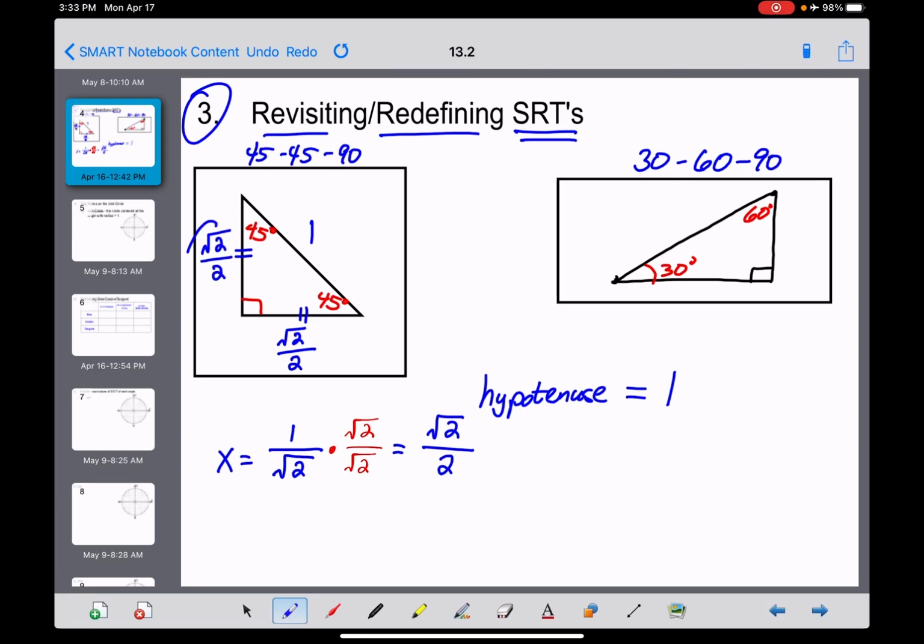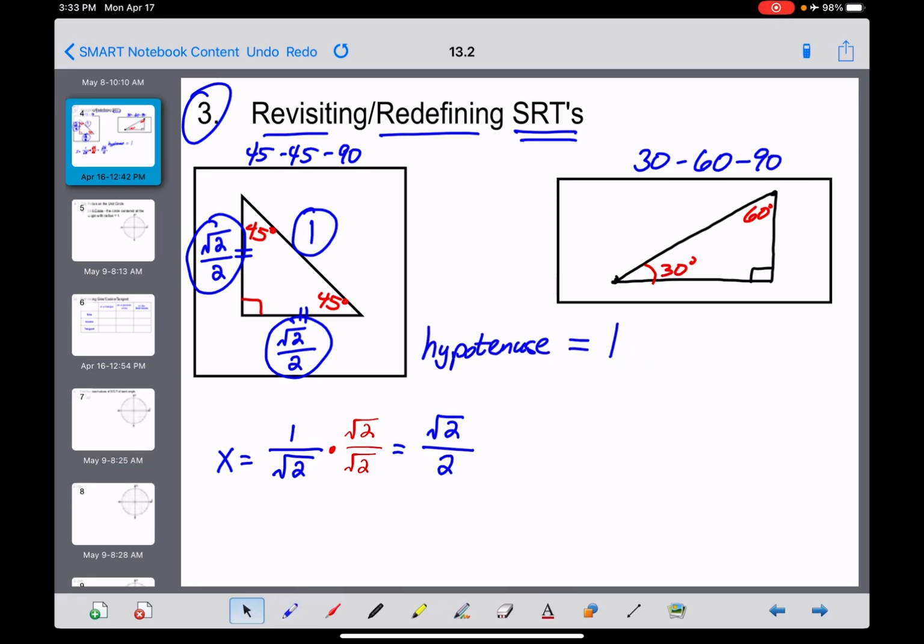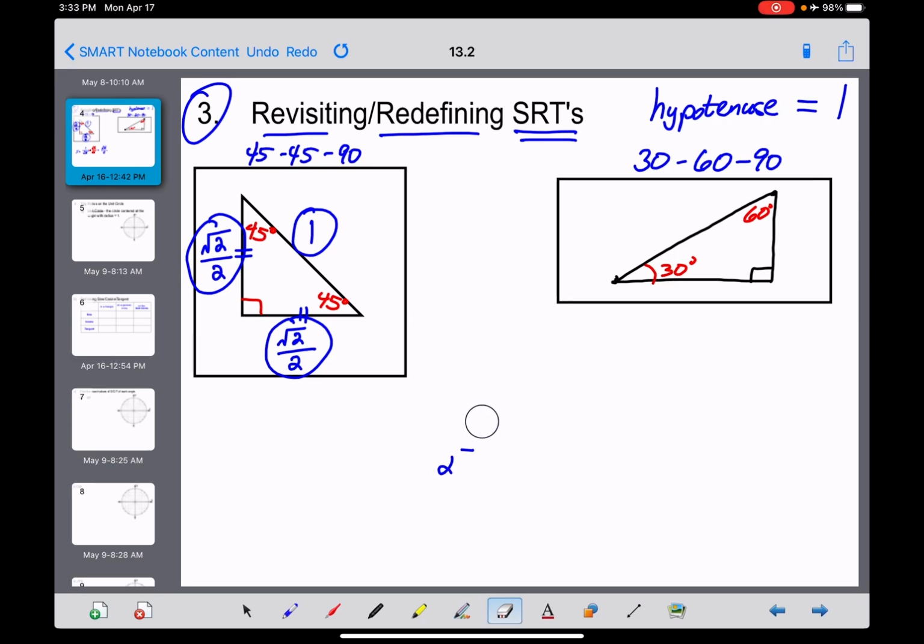So these three numbers here, guys, root 2 over 2, root 2 over 2, and 1, are the group of numbers that I need you to have memorized as quickly as we possibly can. Root 2 over 2 and root 2 over 2 are the legs of a 45, 45, 90 triangle, and 1 is the hypotenuse.